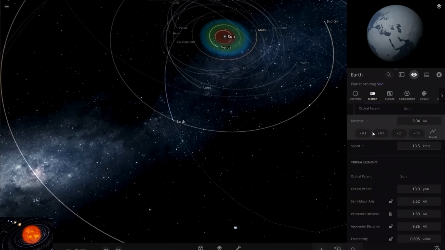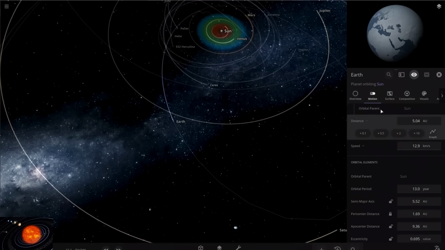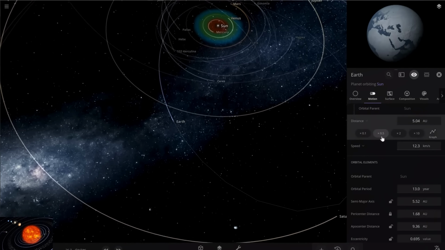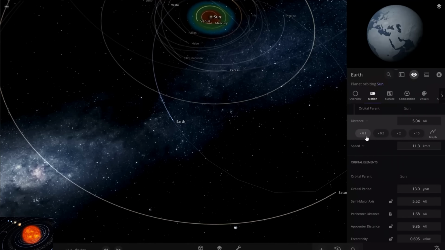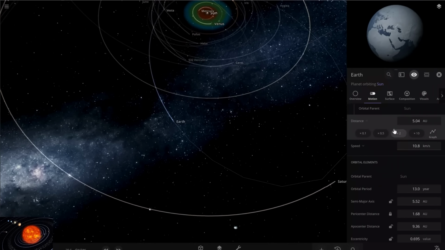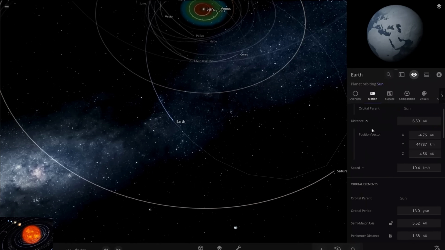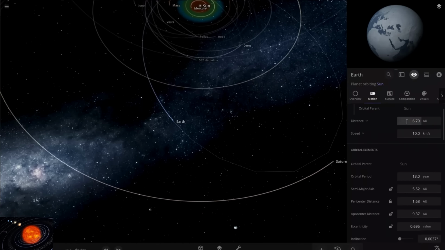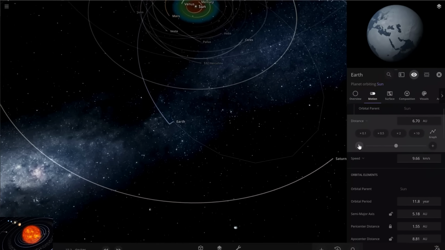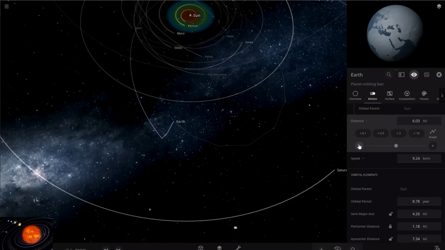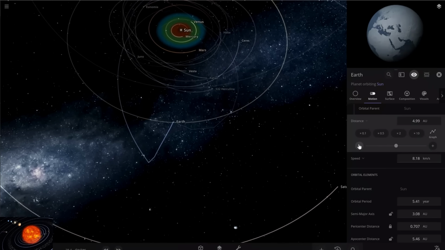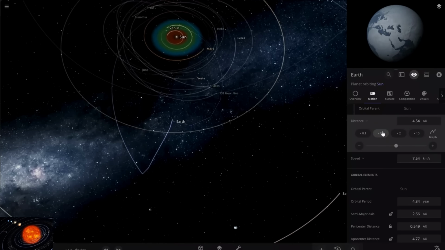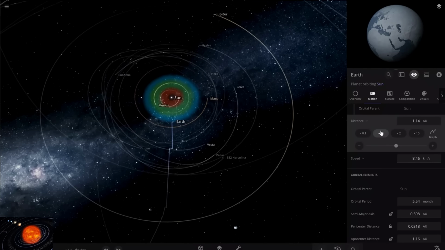So it was the first option which we have in motion, and also we can decrease this parameter, so the Earth would be closer to the Sun. Let me show it to you. Distance, I'm trying to decrease, so Earth is coming back towards the Sun, and after a while it would be much hotter.